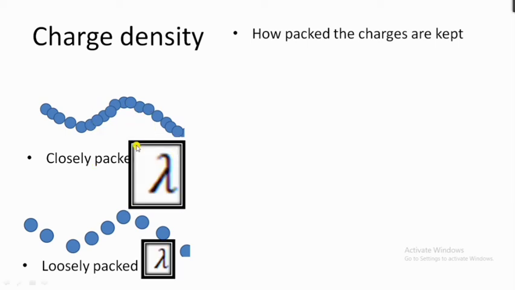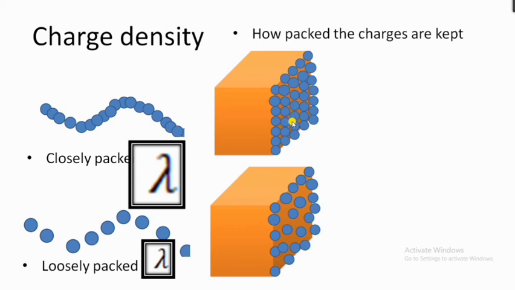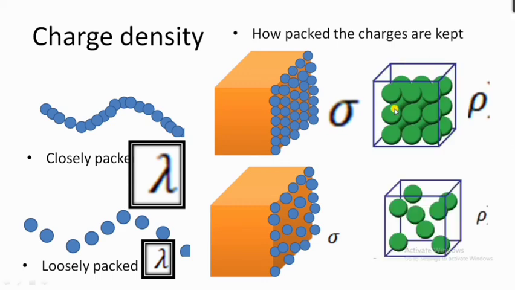So lambda, that is the charge density, is higher for this and less for this. Similarly, out here you can see the surface density of this diagram is more as compared to this, because out here we have more charge in the same area. Similarly, if you consider this, out here you can see there is more charge in the same volume as compared to this. So out here rho, that is the volume charge density, is more. So charge density represents how packed the charges are.